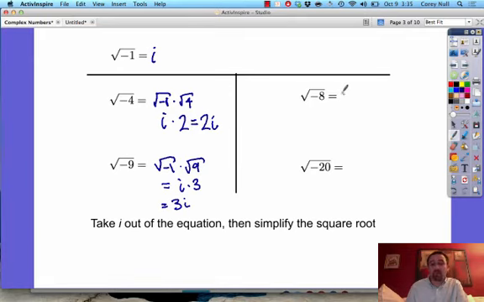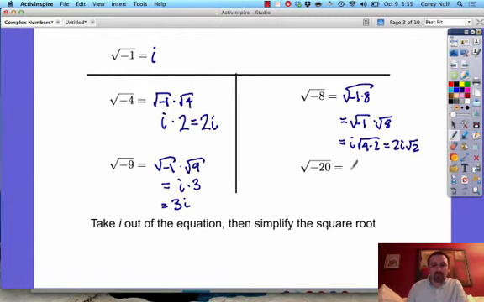Again, the square root of negative 8. Well, this can be written as the square root of negative 1 times the square root of 8, which is i. Now the square root of 8 is not a perfect square, so I have to do a little bit more simplification. This is 4 times 2. But 4 is a perfect square, so this is going to be 2i root 2.